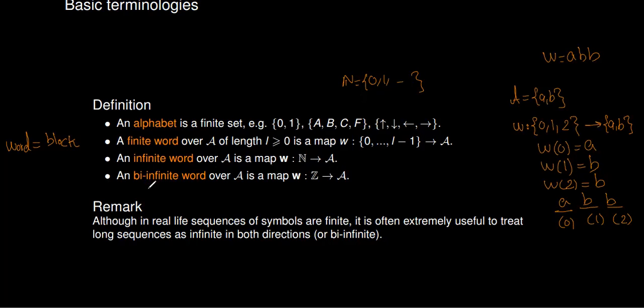By infinite words or sequences, sometimes we say this, when we are talking about infinite objects in symbolic domains and combinatorics on words, we use this vocabulary, sequence. And a bi-infinite word over A is a map from the integers to our alphabet. One important remark, not very important, but we need to know that in real life, sequences of symbols are finite.